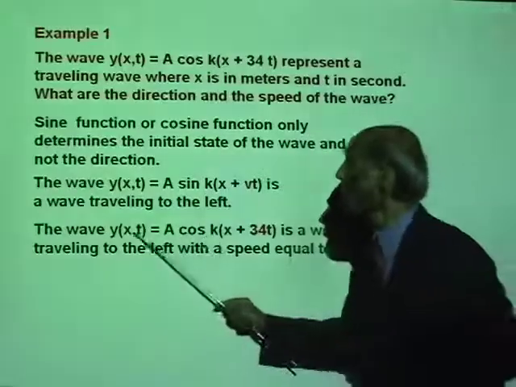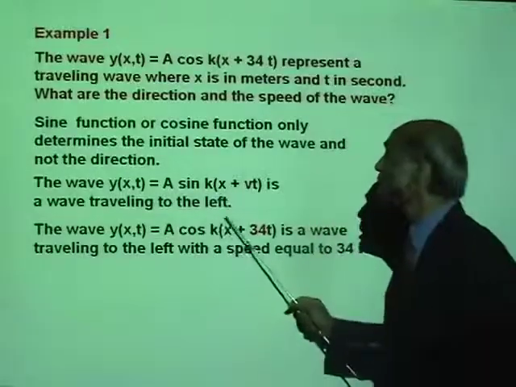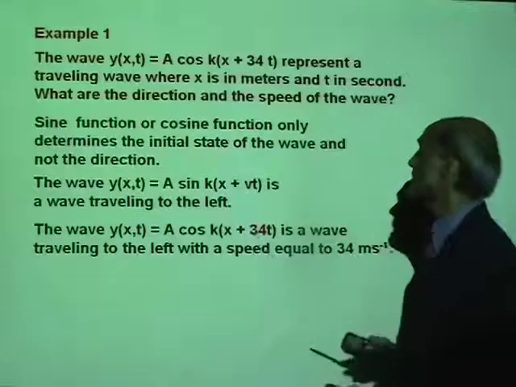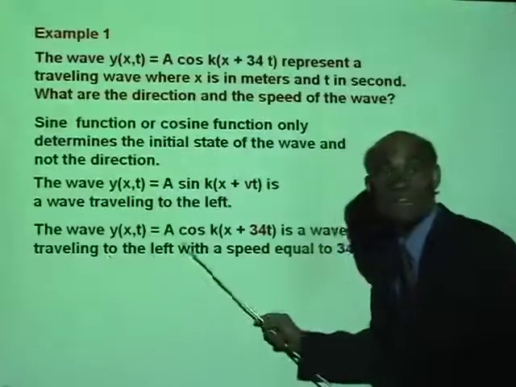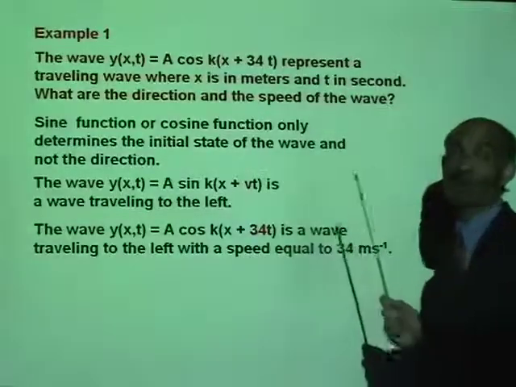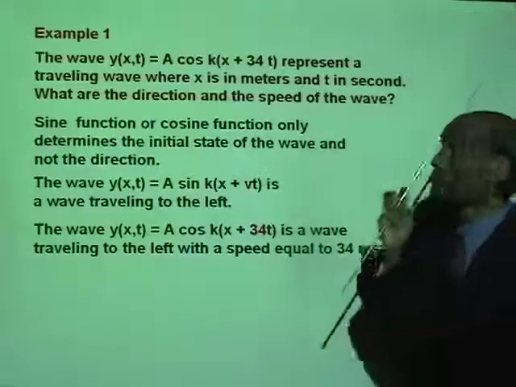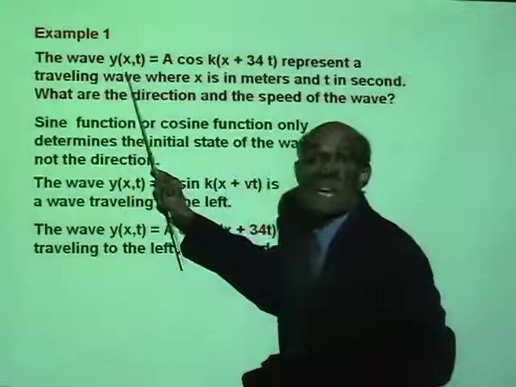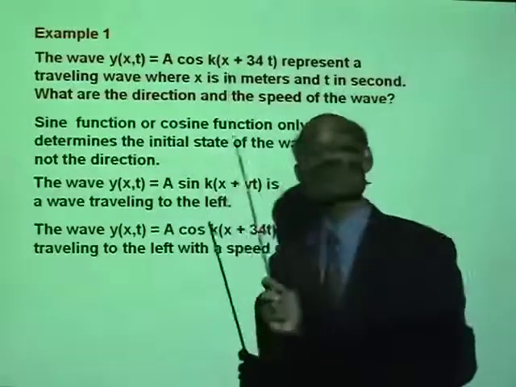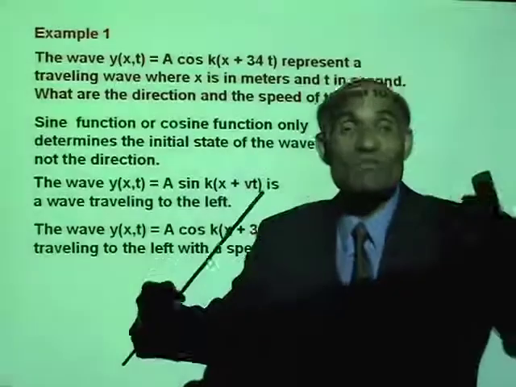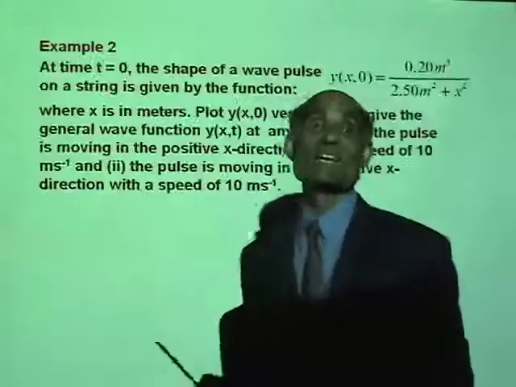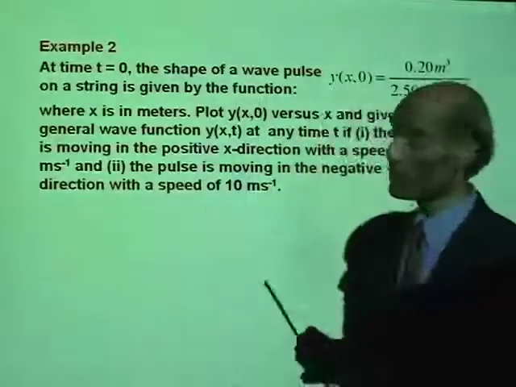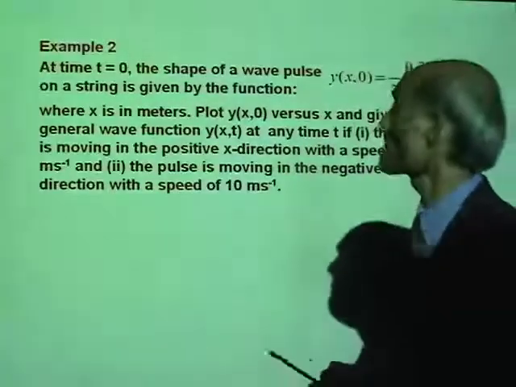So the wave y(x,t) equal to a cos k times (x plus 34t) is a wave traveling to the left with a speed of 34 meters per second. So when you are given the equation of a harmonic wave, a lot of information about the wave is actually contained in the equation. Let's now look at another problem.